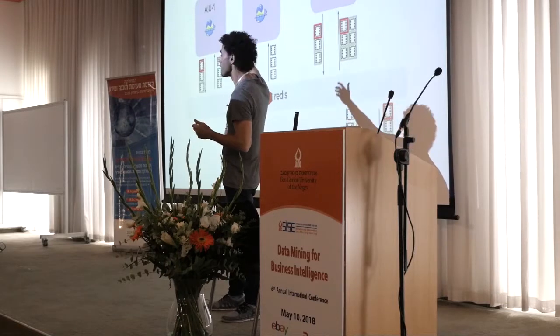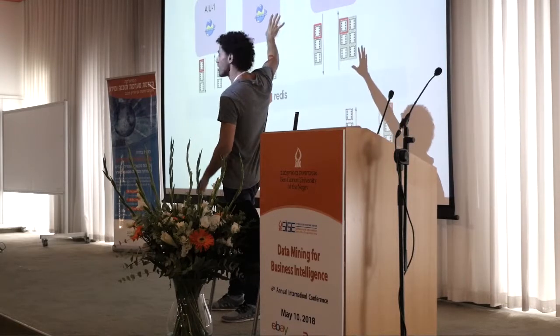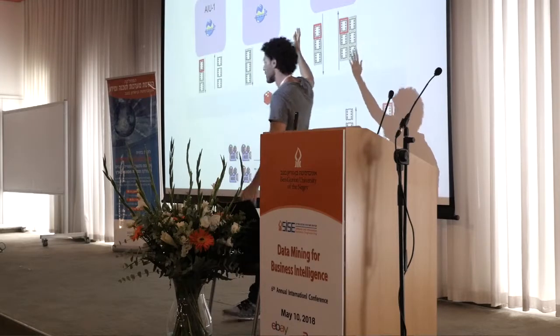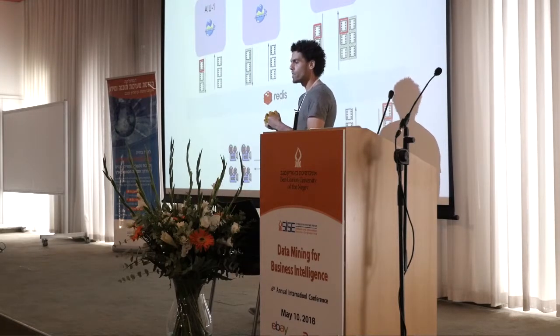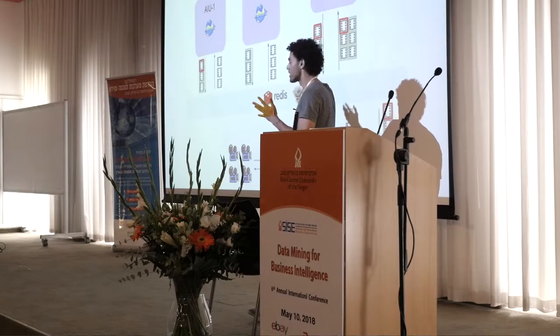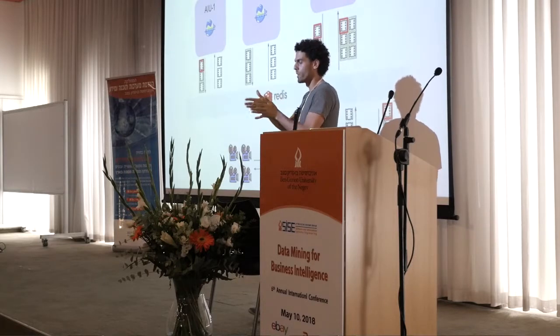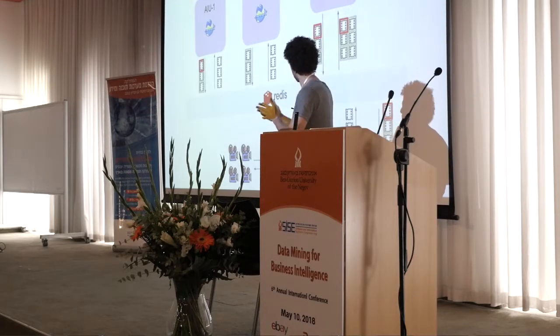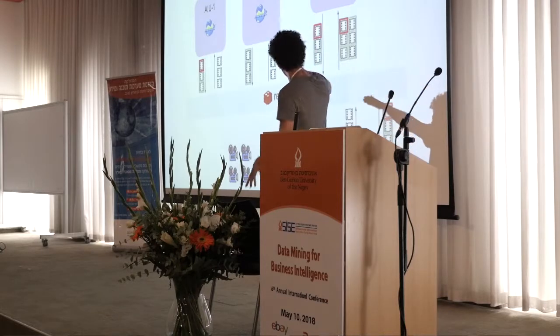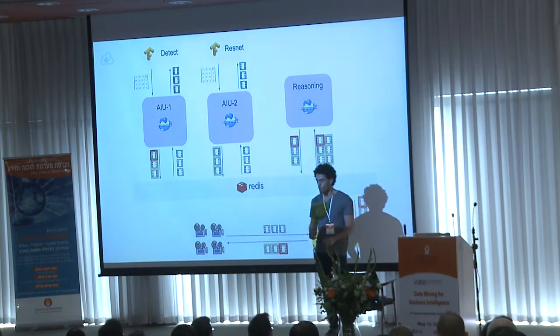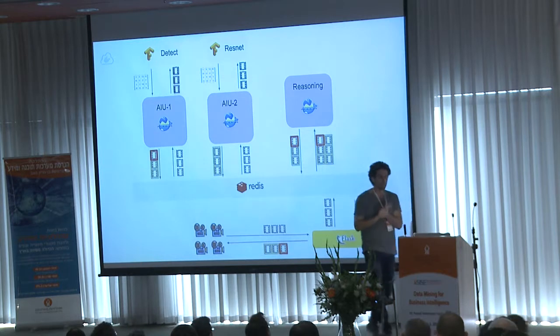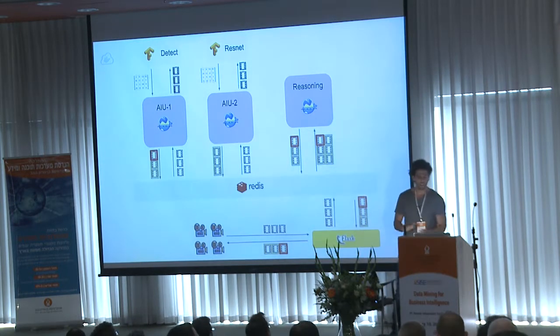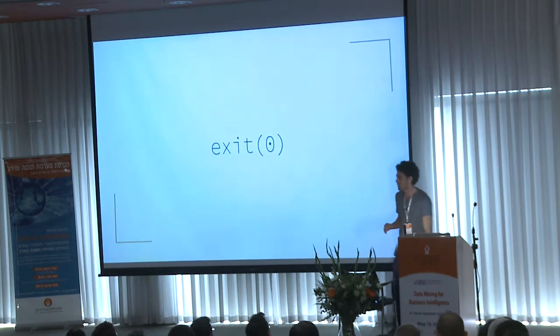Another one does the same for ResNet. And then there is a reasoning process which pulls the results, does some reasoning logic on it. In this case, it's an OR logic between the vector of results for each one of the frames, and saves them back to the data store to be sent back to the end user. So this was my solution, and these are AIUs, and I'm open to questions.